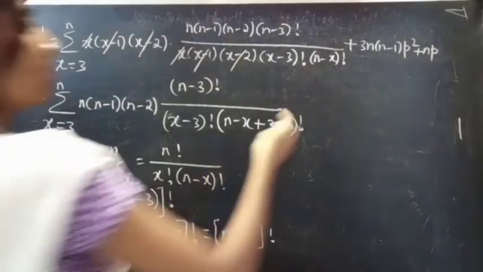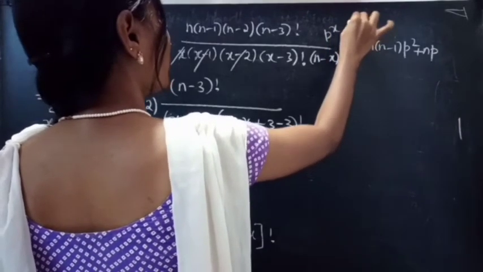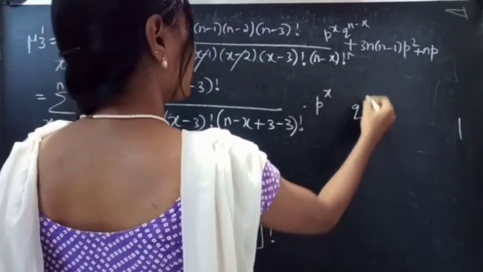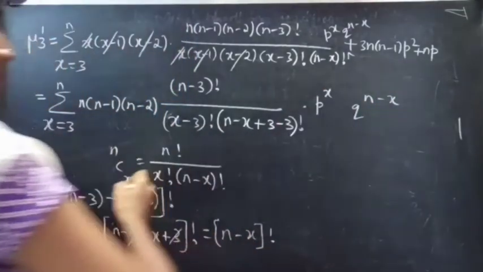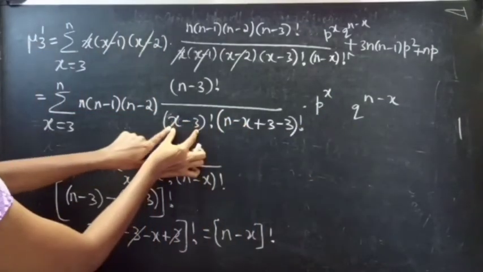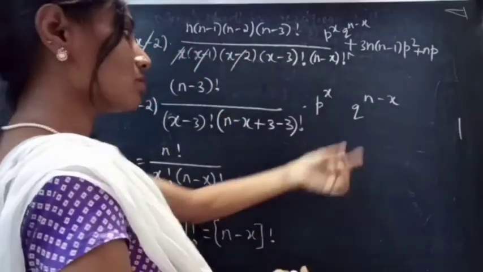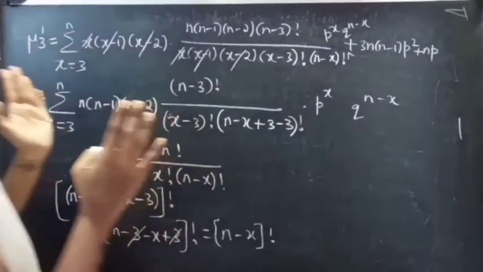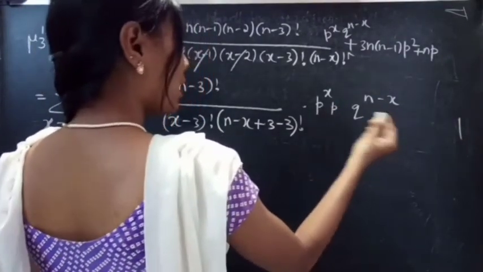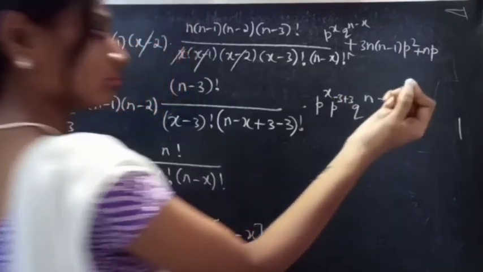Okay, fine. Into here you will be having p power x into q power n minus x, right? Alright. So, see here you're having x minus 3 and n minus 3, right? So we'll change x in terms of x minus 3 and n in terms of n minus 3. So in order to change, we need some p power minus 3 plus 3, right?